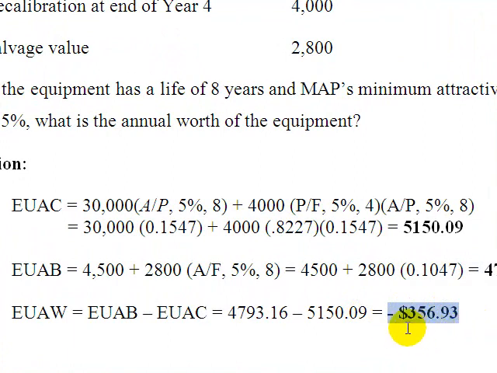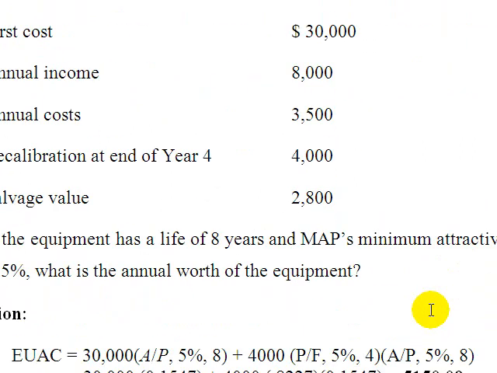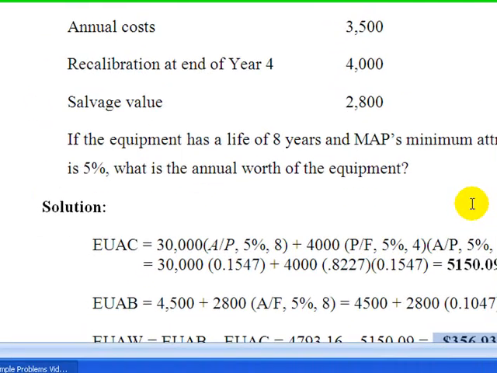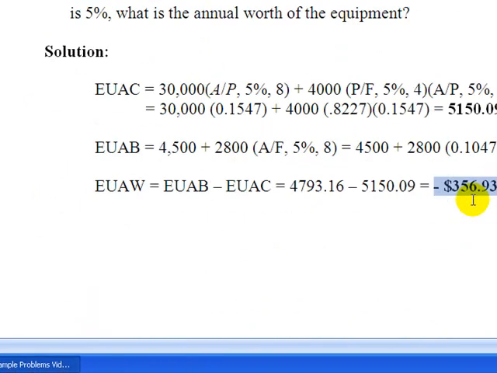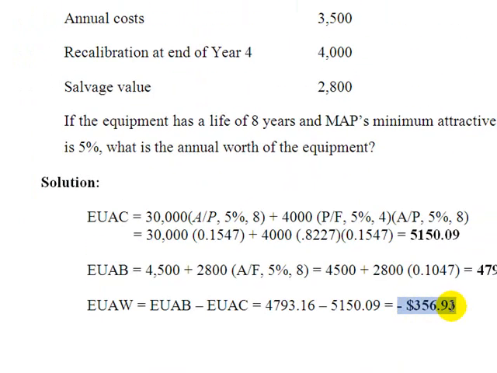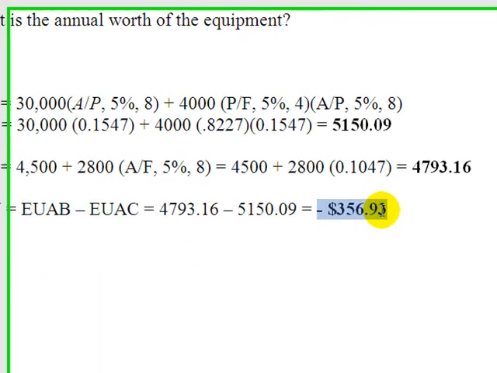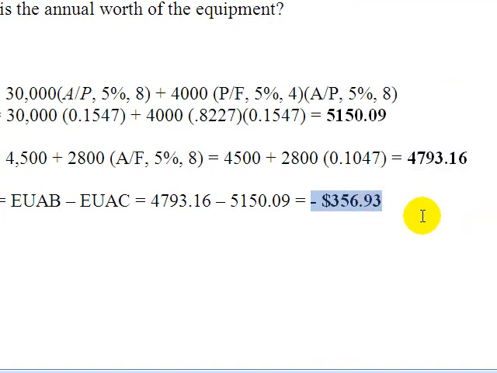So basically the equivalent annual worth is negative, right? If the company is considering buying that equipment, what would you recommend? You would not recommend buying that equipment because it is causing a negative equivalent uniform annual worth, which is a loss. So I would suggest not buying the equipment.